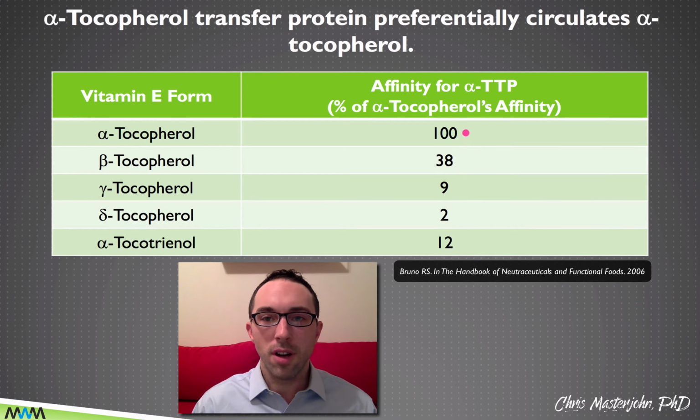So alpha-tocopherol has 10 times more affinity for alpha-TTP than gamma-tocopherol. If you go from tocopherol to tocotrienol, again, alpha-tocopherol has 10 times more affinity than alpha-tocotrienol. So alpha-tocopherol is overwhelmingly recirculated in preference to all the other forms.